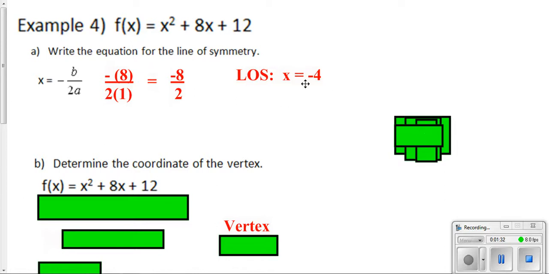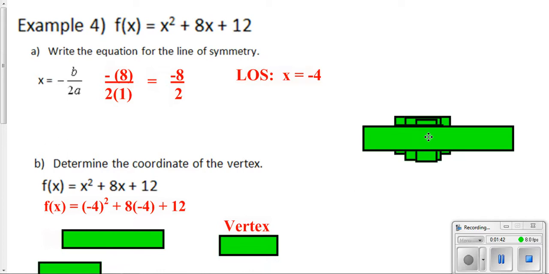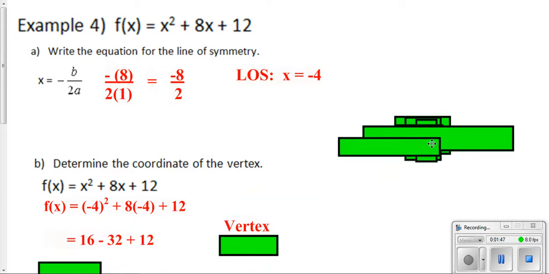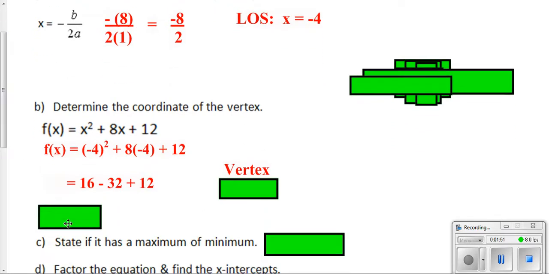We use this x value and we plug it in down here in for x to figure out our y value for our vertex. So we plug in negative 4. When we plug in negative 4, we do our computation here, and we go ahead and simplify our problem, and we find out f of x, or y, is negative 4.